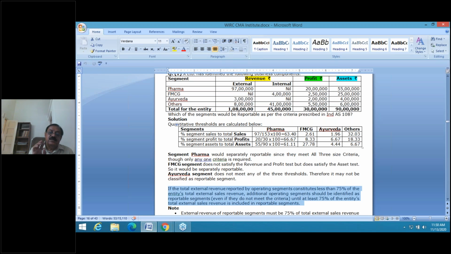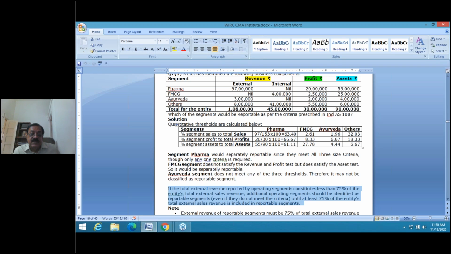So whatever segments you have reported as per the threshold limits, the total external sales of them together should be at least 75% of the entity's total external sales.